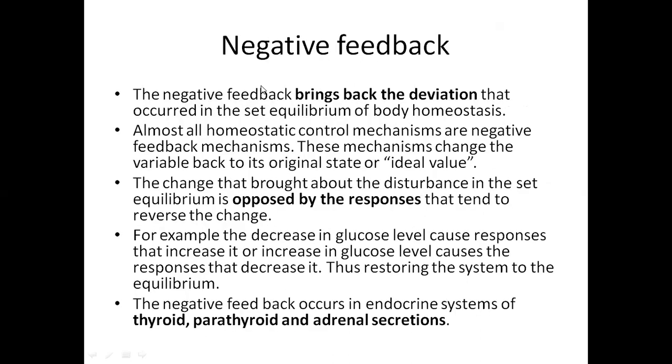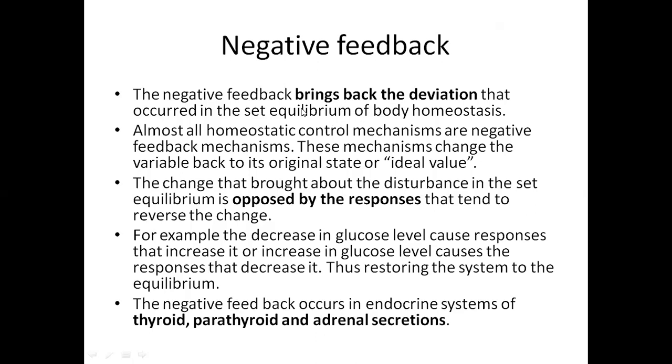Now, the negative feedback system is on the opposite side of the positive feedback system. This system tries to bring back the deviation that disturbed the equilibrium of the body's homeostasis. That deviation or stimulus will be opposed by the body to bring it back to equilibrium.